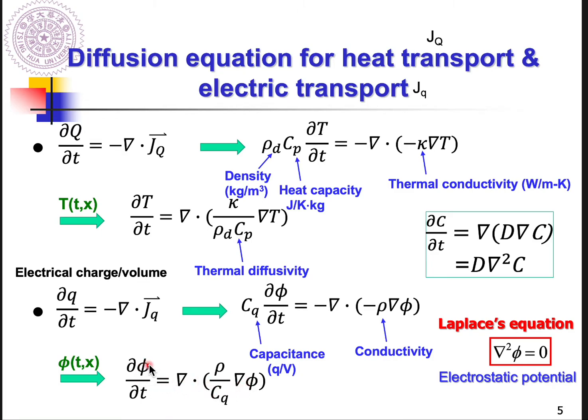The first thing is the flux, definitely, because this is 0. So the current density is constant. How much current flows into this material equals how much current flows out of this system. So the flux is constant, and also the electrical potential does not change with time.